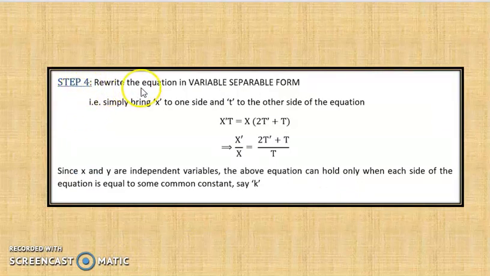Step 4 is rewrite the equation in variable separable form. That is, simply bring X to one side and T to the other side of the equation.